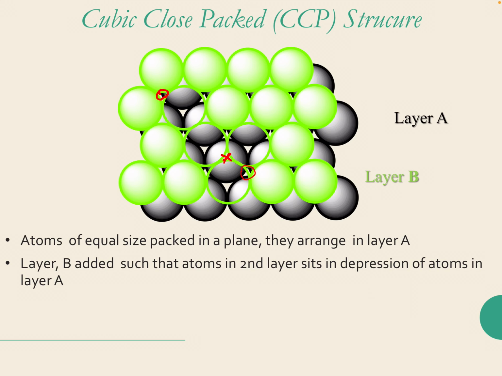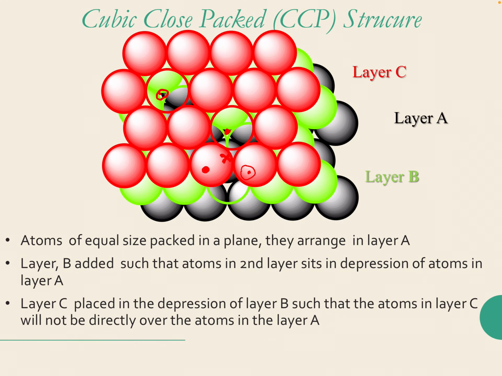If the atoms from layer C occupy this position, then that would be exactly above the atoms from layer A. So they will not occupy this position, but they can occupy this position or this position or this position. Let's see how they sit.